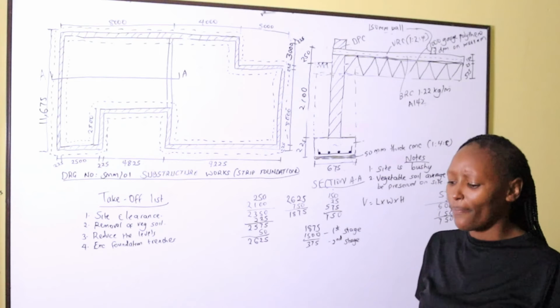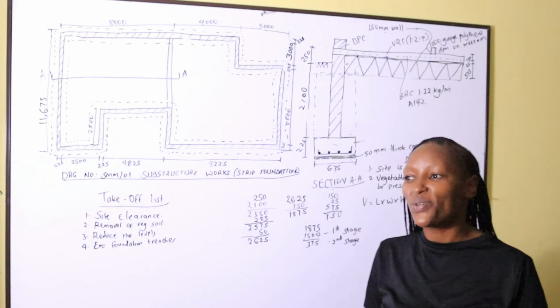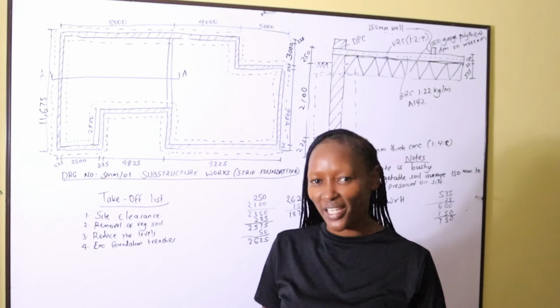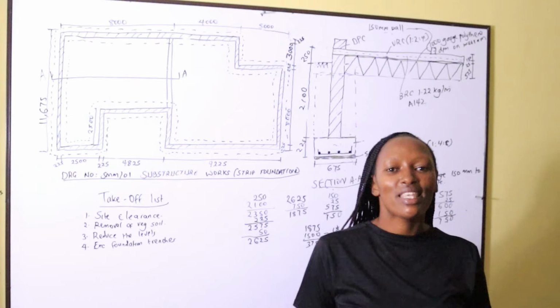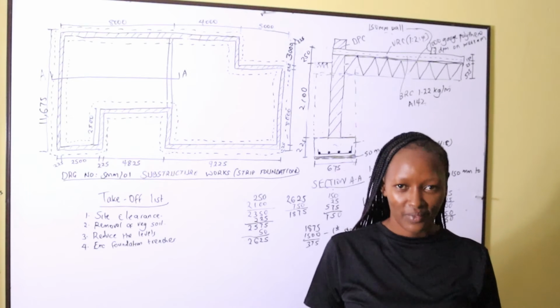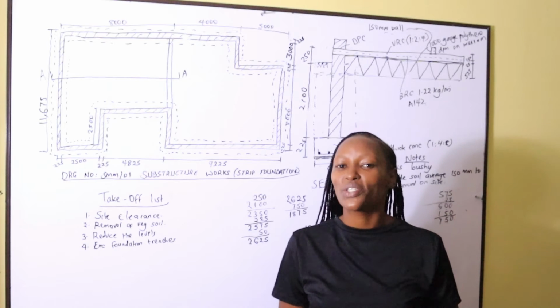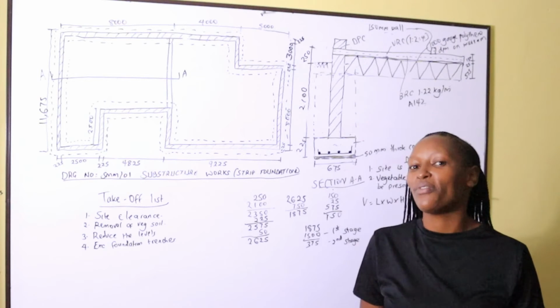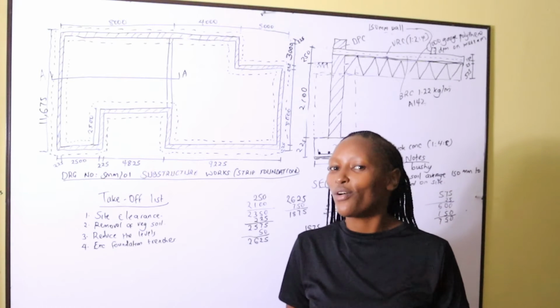But I will remind you the formula. The center line, for example, of a trench is equal to the external perimeter of the trench. We deduct number of corners times the thickness of the trench. Let's go to center line of the wall. The center line of the wall is equal to the external perimeter of the wall. You deduct number of corners times the thickness of the wall.